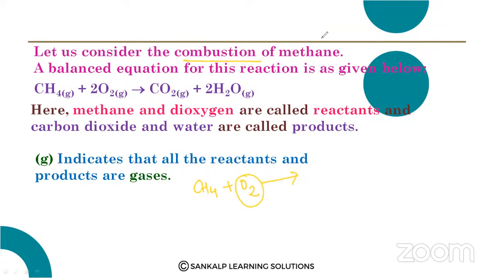So here we are considering the example of combustion of methane. CH4, methane, which is in gaseous state, reacts with oxygen, in gaseous state, and gives you carbon dioxide plus water. Now you can see this methane and oxygen. It is dioxygen because there are 2 atoms of oxygen.